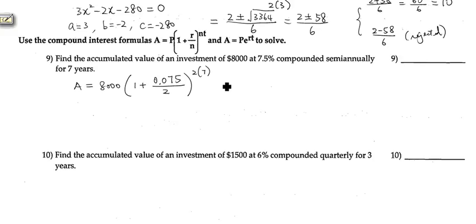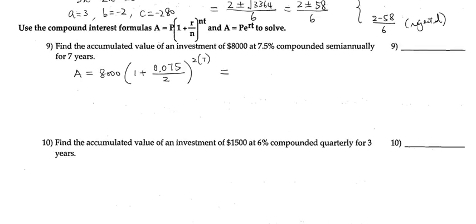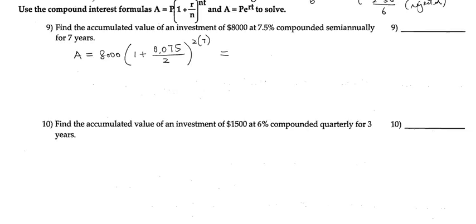Let's take a look at the last one. Can you set up the equation before we jump into the calculator? Let's try that out. All right, you have the next one set up. What would that be?